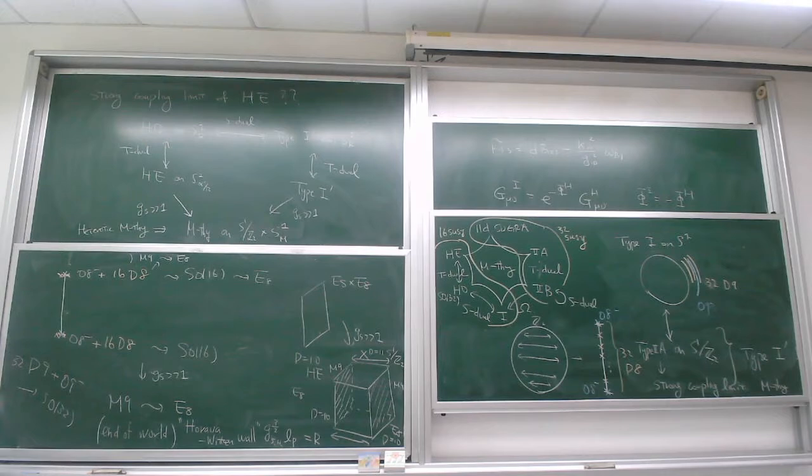So even though they have these different descriptions, once you change the string coupling constant, which is the vacuum expectation value of the dilaton, another string theory description will become effective. That's string duality, and we will see another string duality.